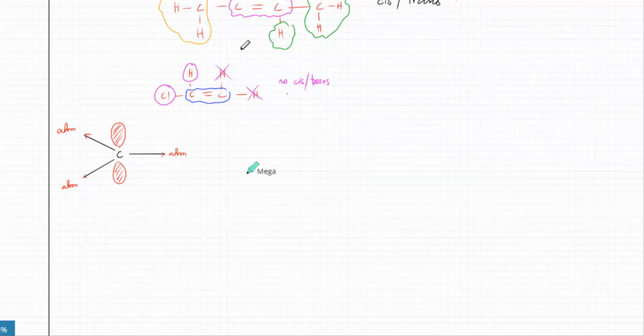So that's what an sp2 hybridized carbon atom is. Basically it's got one sp2 hybrid orbital, another sp2 hybrid orbital, and another sp2 hybrid orbital, whereas the fourth orbital is a p orbital that remains unchanged. That one is involved in pi bonding.